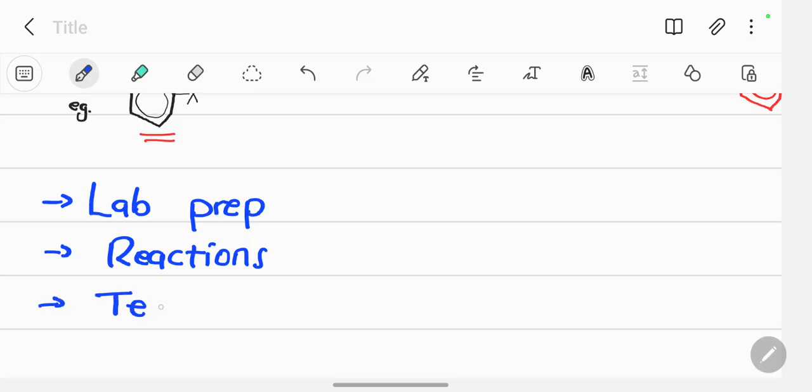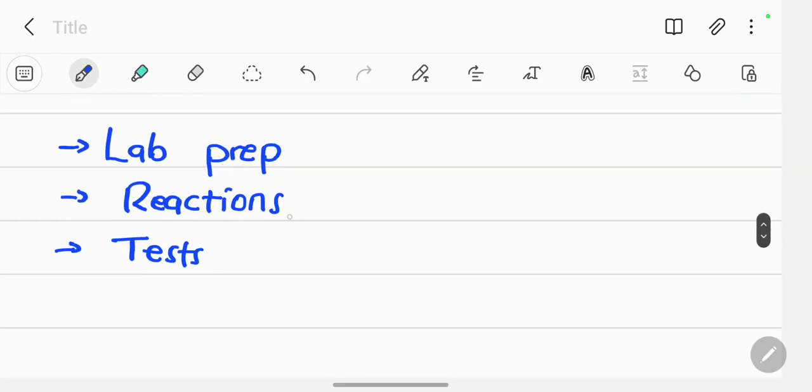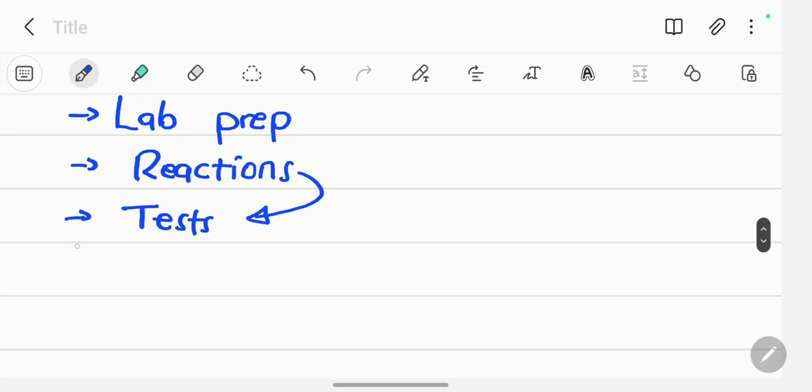We shall also look at tests, but you find out that these tests are under reactions, just that we follow the observation and see what we come out with.